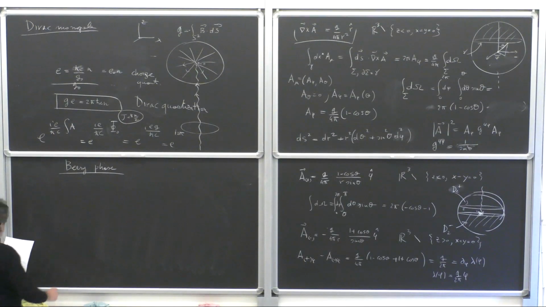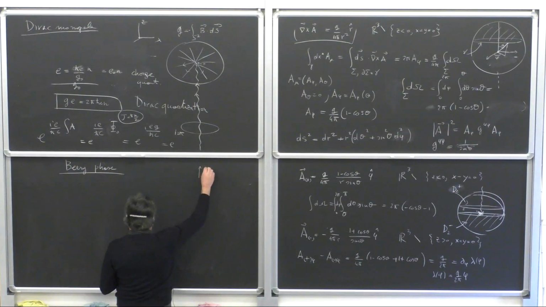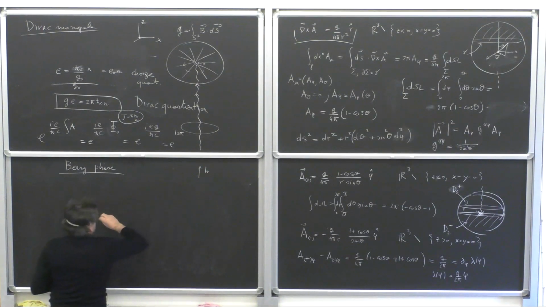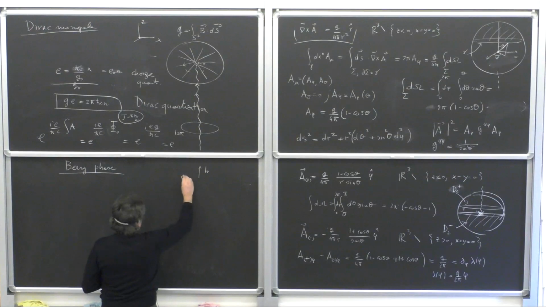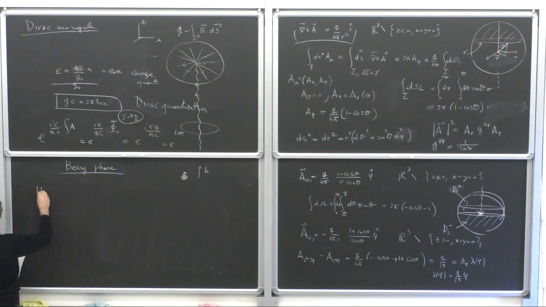It's very simple. So you take a spin in a magnetic field. So you have a magnetic field, H, and you have a spin degree of freedom, okay? So the Hamiltonian is H dot sigma, okay?